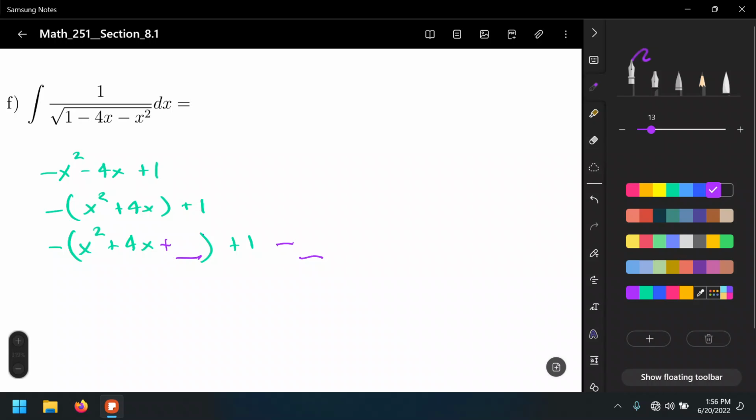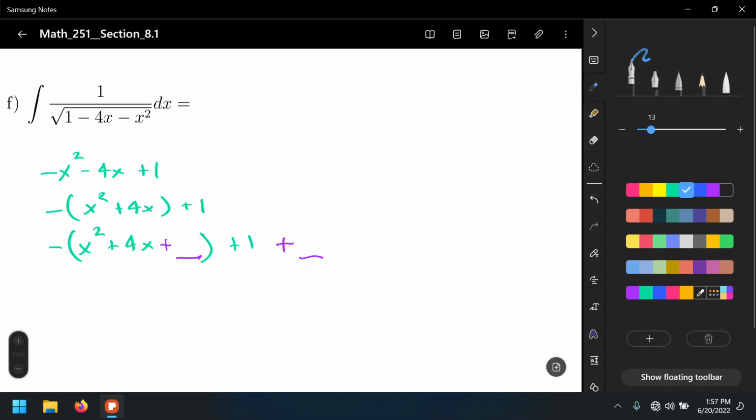Yes, they look opposite visually, but be careful, because this plus will become a minus with the negative sign outside. So what should we do in this case? Plus. All right.